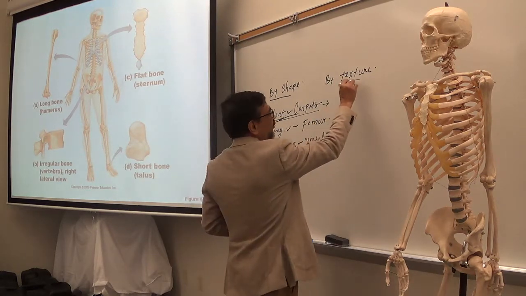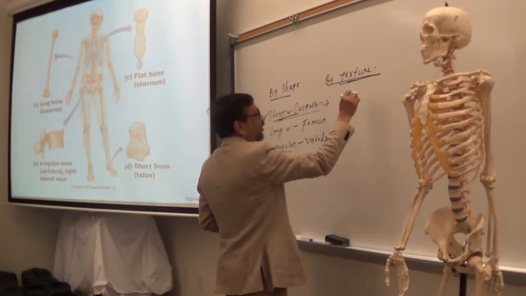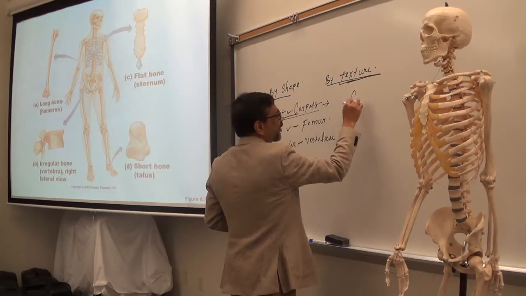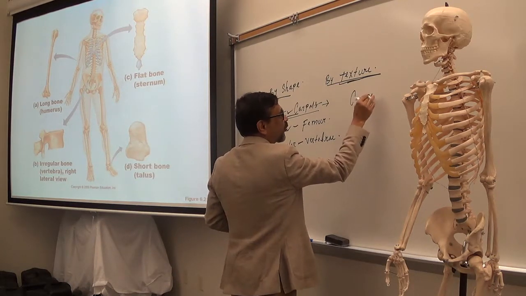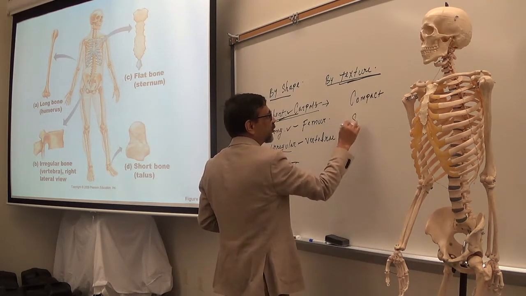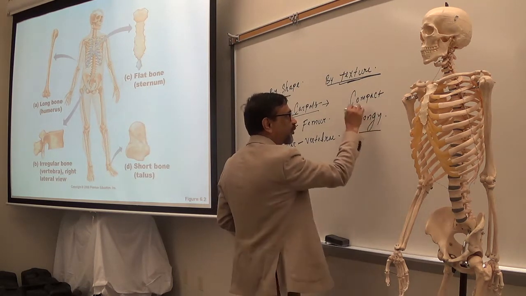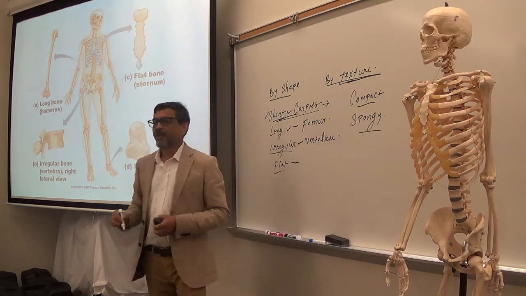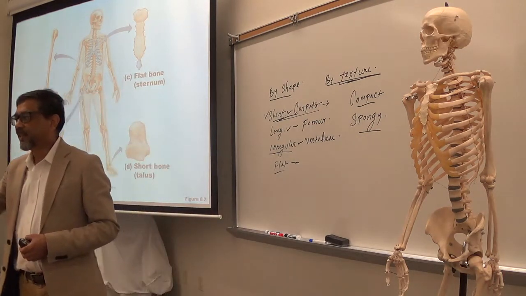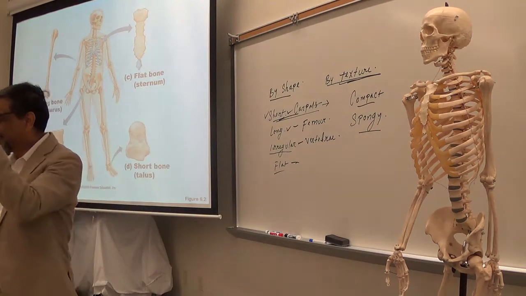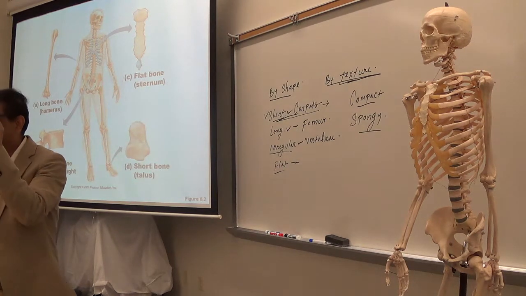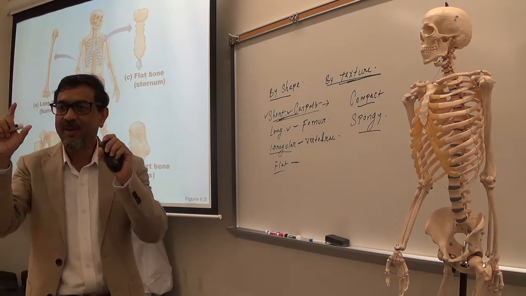By texture, we divide into compact, which is the hard bone, and spongy, which is the soft bone. You know, when you eat a chicken leg, right, both ends are soft, right? You can easily crush them, but the middle part, the shaft, is hard, right?